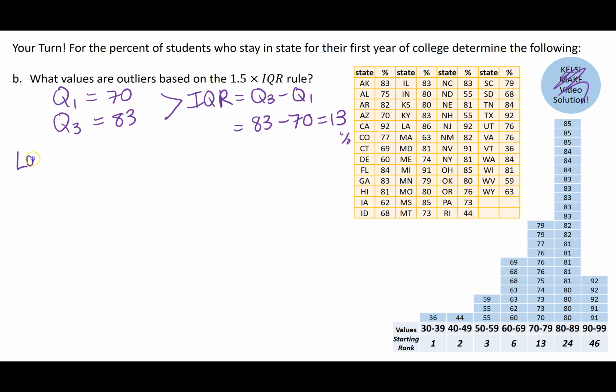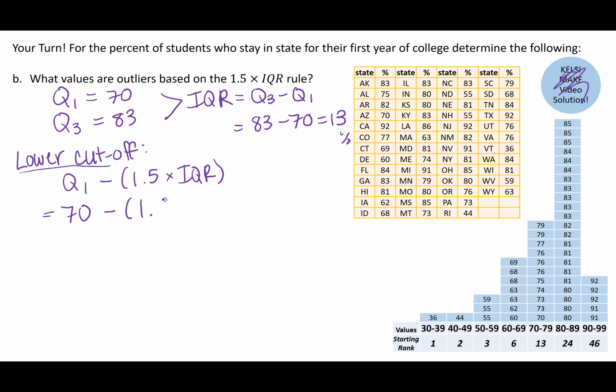And then I think we have what we need. So lower cutoff. What that indicates is anything below this value that we calculate is going to be an outlier on the low end. So Q1 minus 1.5 times the IQR. I'm just going to plug in. So that's going to be 70 minus 1.5 times 13.